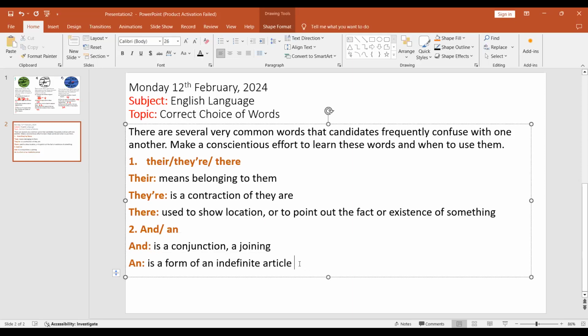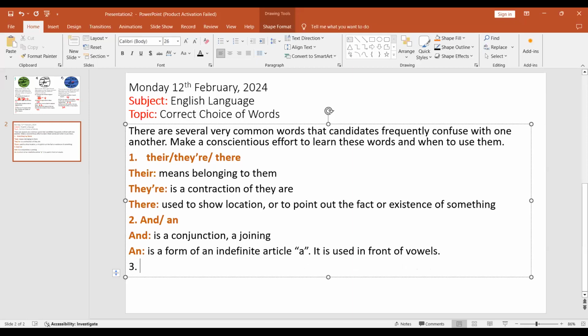So it's an indefinite article. A form of an indefinite article, used in front of vowels.